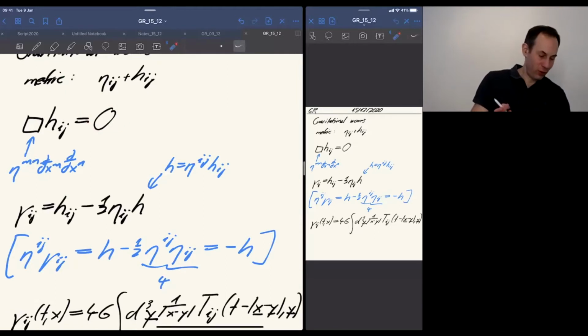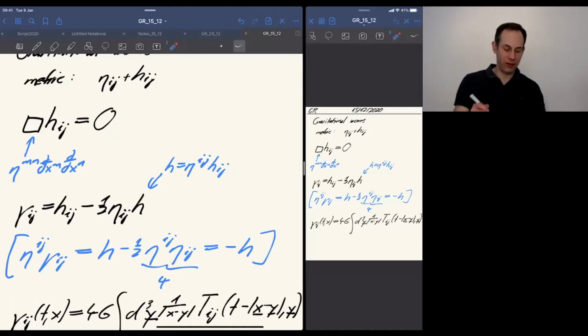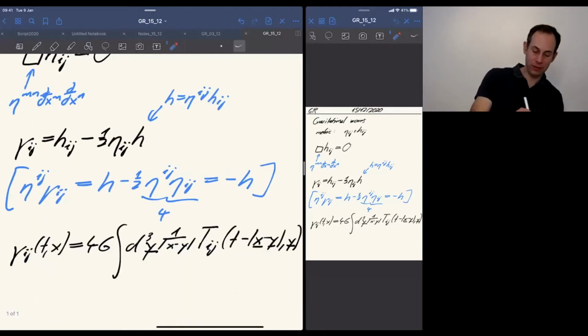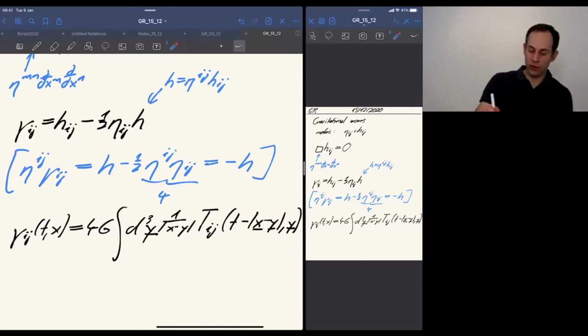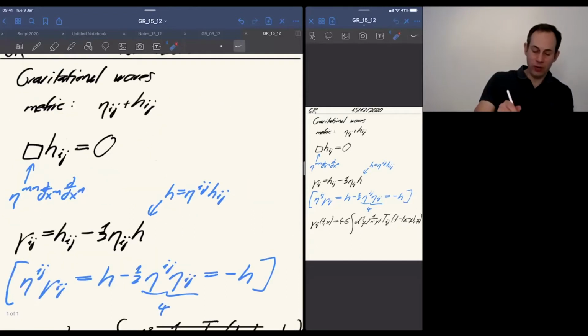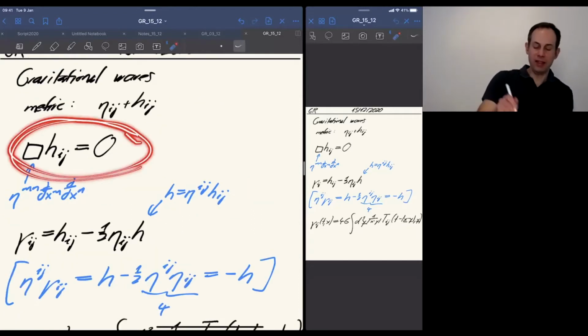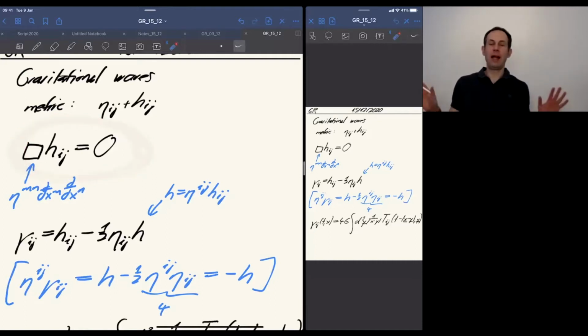Oh, actually, I forgot to say something. This is the form if you have no matter. Now, if you have matter, then on the right-hand side, you have, of course, the energy momentum tensor. And to derive this in the exercises, you have to introduce the energy momentum tensor. So maybe I was now saying two things. At the point where we are detecting the waves, we are neglecting the matter that is here.